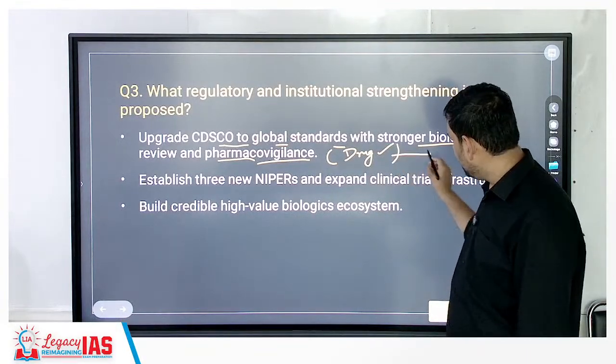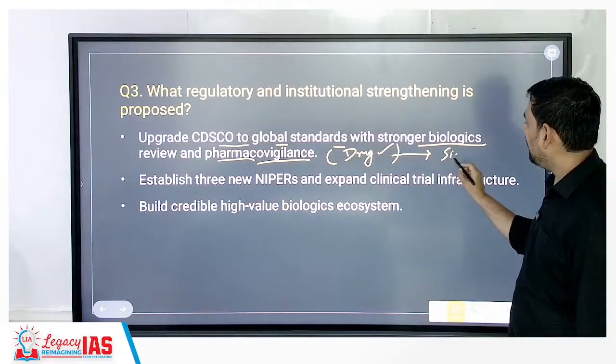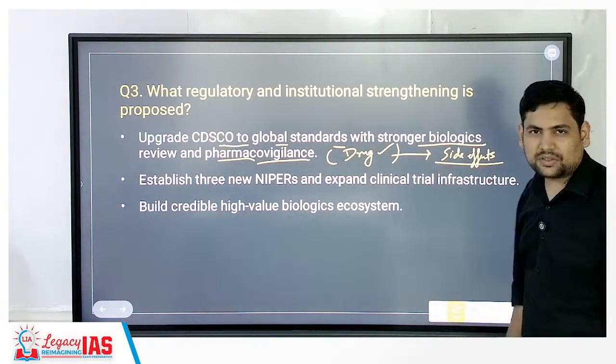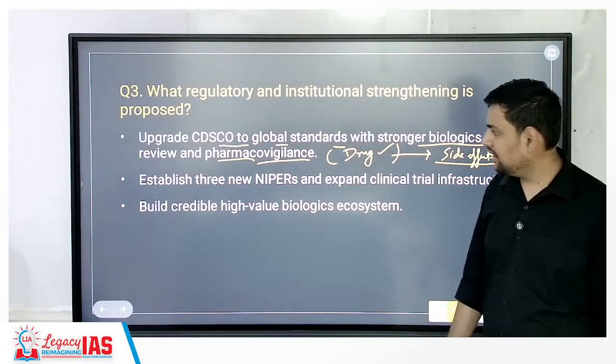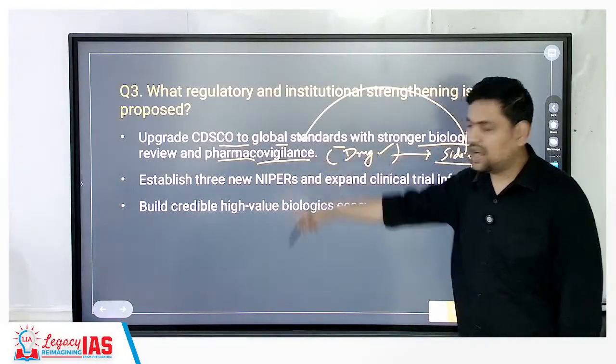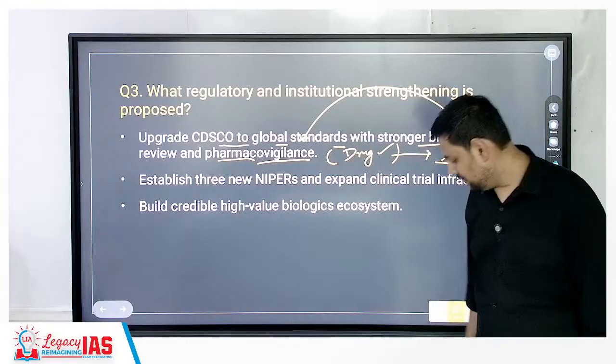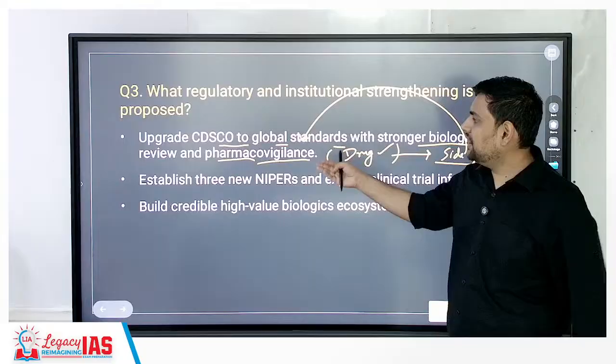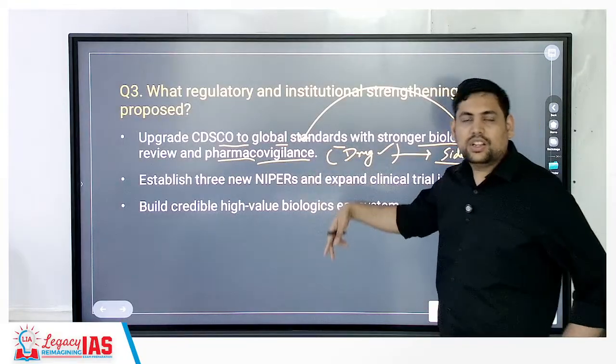Now after the release of the drug also, we should be constantly monitoring the side effects or whatever effects or efficacy that they have. This is called pharmacovigilance. Understood? So this is also our aim, that we develop CDSCO for this.